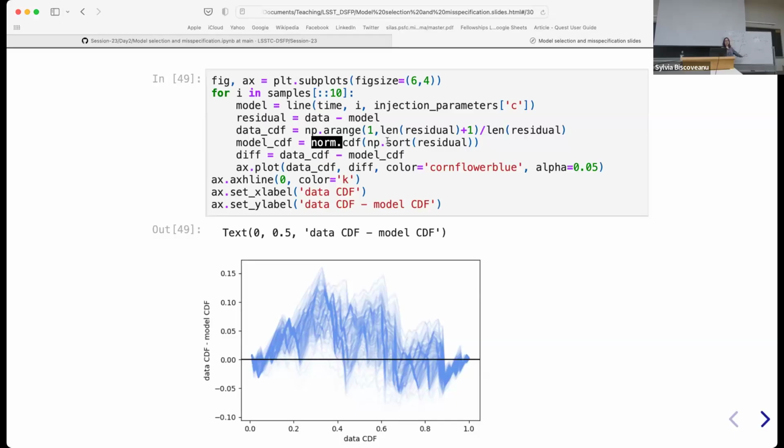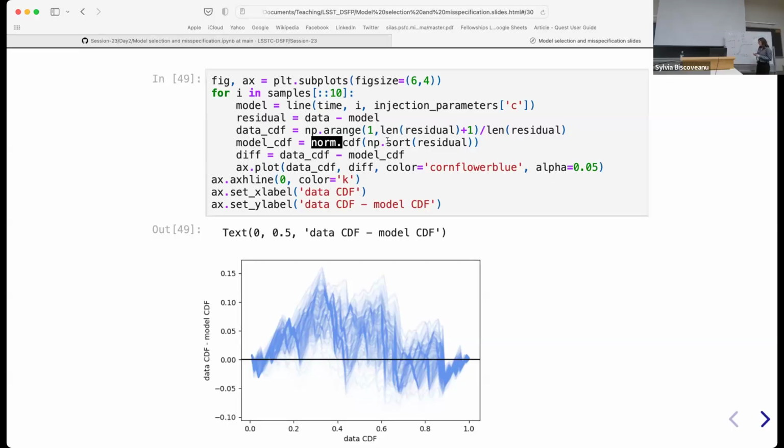We sort our residuals in increasing order, and then we calculate the value of the CDF of a unit Gaussian at these particular values so that we can compare it to the CDF that we calculated from our data. And so let's say that this line is now the model CDF.